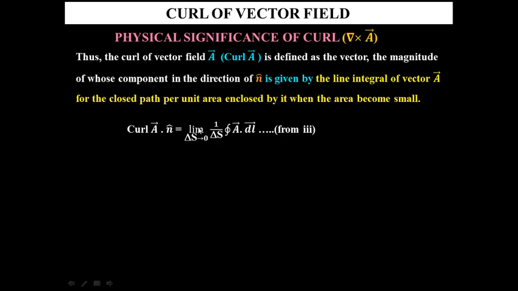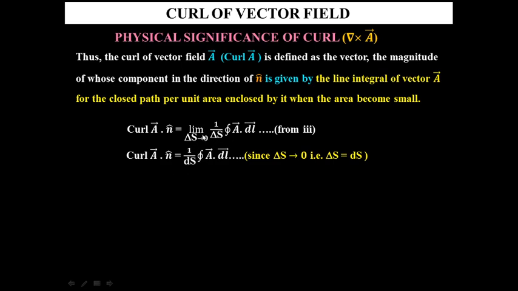Now, as we saw earlier, when delta s tends to 0, it will be the curl of vector A. So suppose delta s is equal to ds, a very small area that tends to 0. In place of delta s we can write ds.